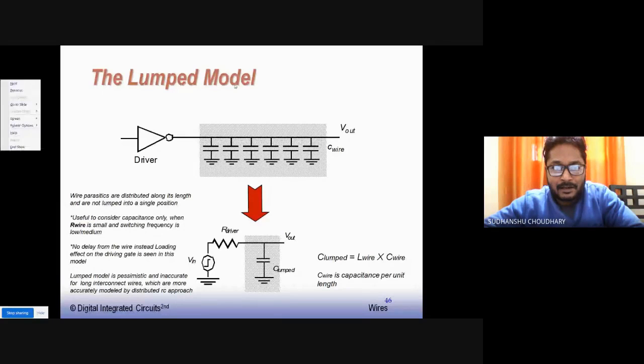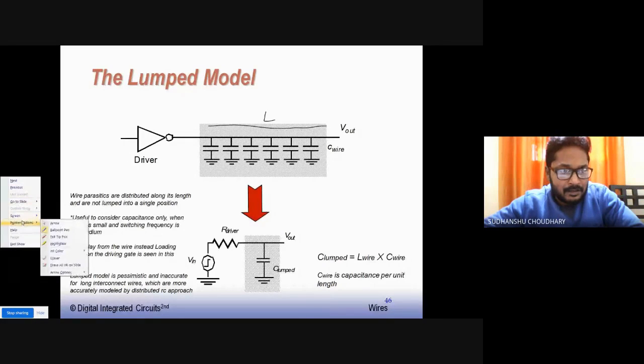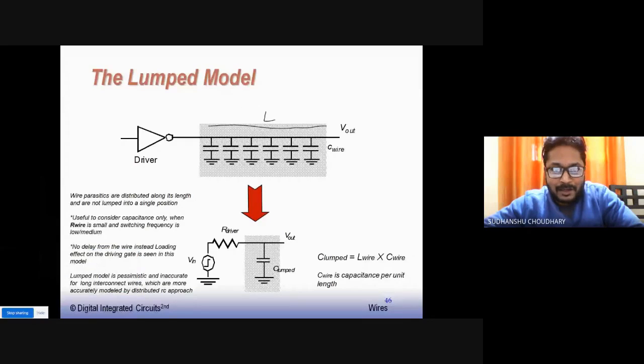So let's say that this is my wire of length L, and the wire capacitance is distributed along the length of the wire. That is, let us say that there are n sections of this wire, right? So that means each section is of length L by n. Total length is L, and if there are n sections, then L by n is each segment's length.